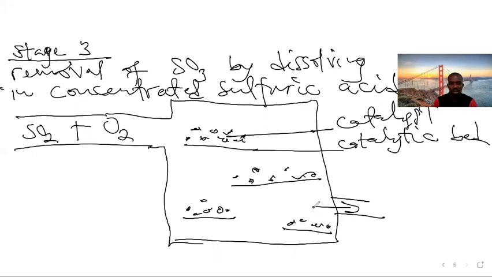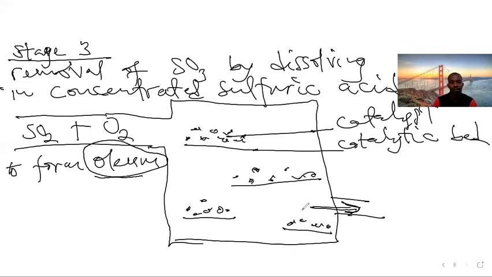Sulfur trioxide comes this way and is being removed by dissolving into sulfuric acid. When it's dissolved into sulfuric acid, it forms a substance known as oleum. Oleum is an oily liquid. Even sulfuric acid is very oily. So that's what takes place: SO3 is being taken away by dissolving in sulfuric acid.